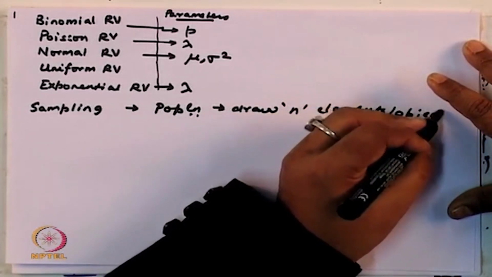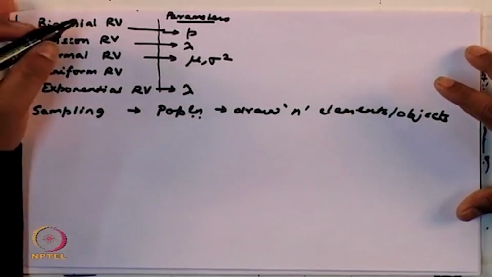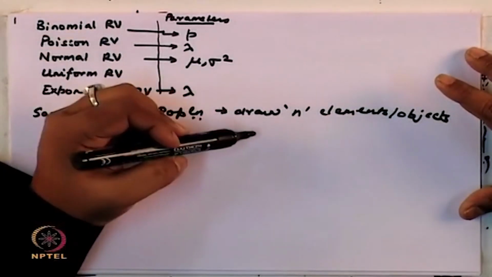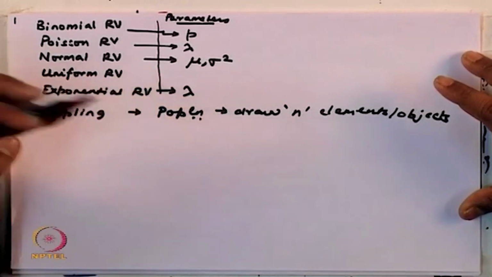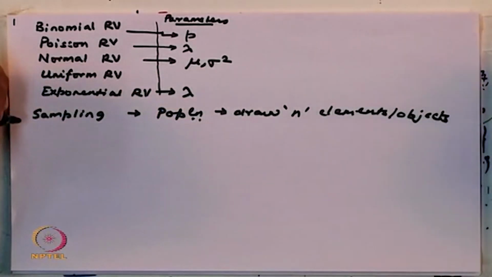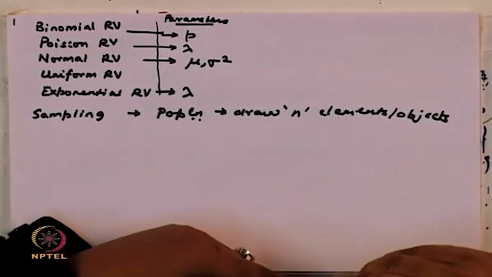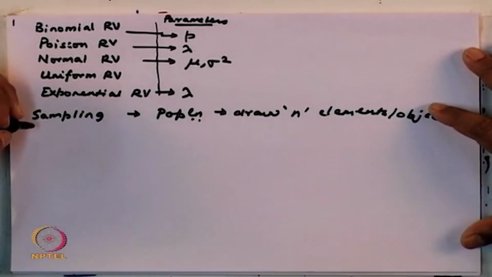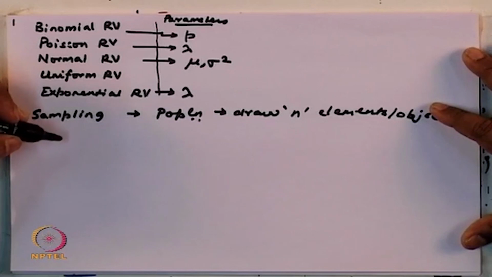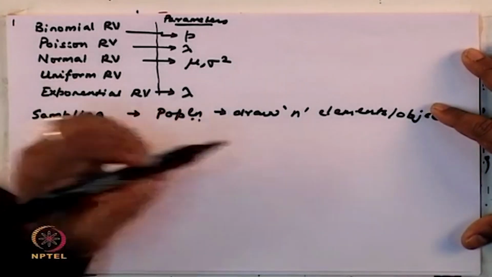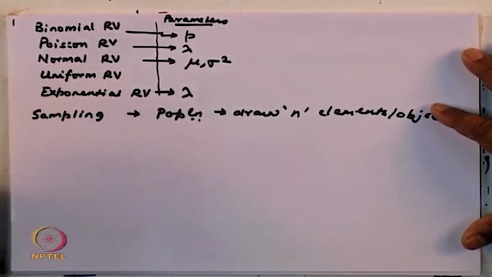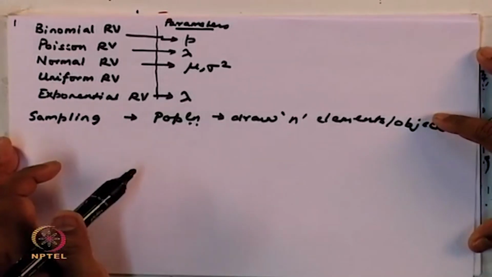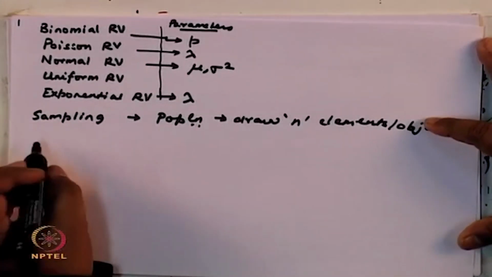As one would imagine, depending on how you draw these n elements or objects, the results of your distribution will drastically vary. This is why there are enough theories as to how one should go about deriving a sample and what the sample size should be. But let us discuss a very simple case: what is random sampling.